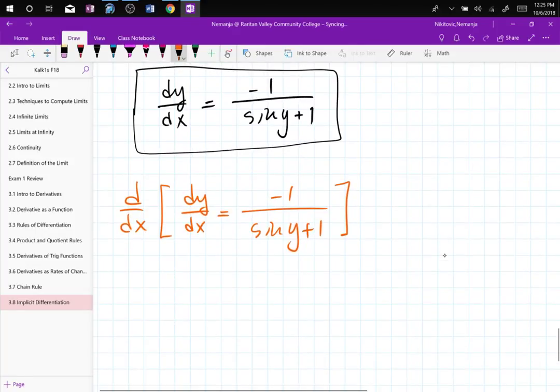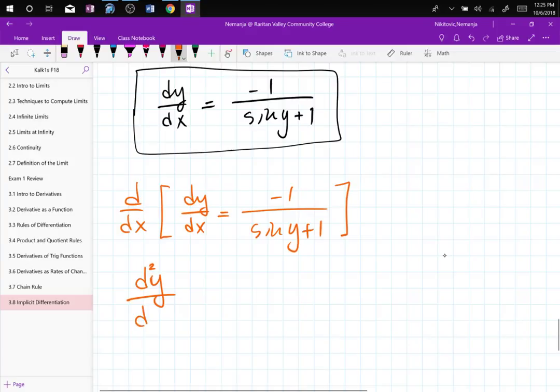Well, the derivative of dy/dx would just be immediately d squared y/dx squared, which is what we're looking for. But on the other side, you can choose to do quotient rule or chain rule, whatever. I would prefer a chain rule here, as I have negative 1 times sine y plus 1 to the negative 1. I would prefer to do that rather than the quotient rule.